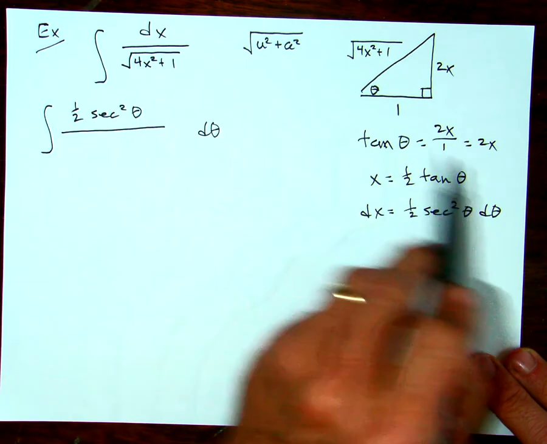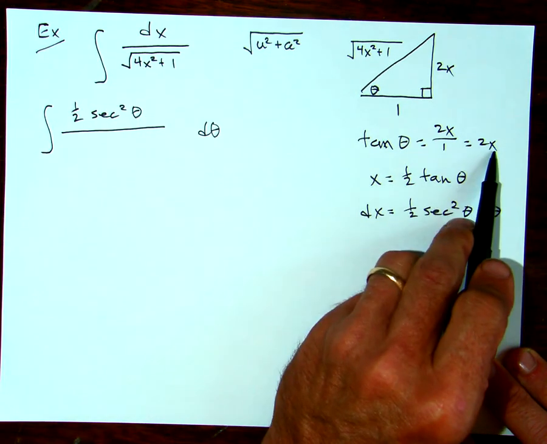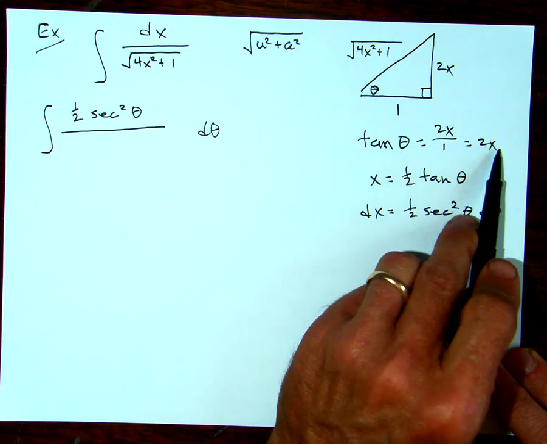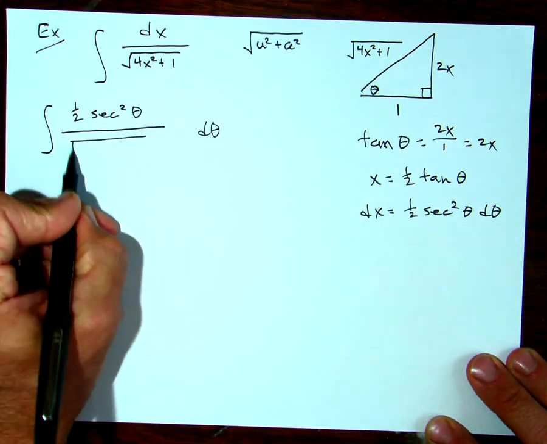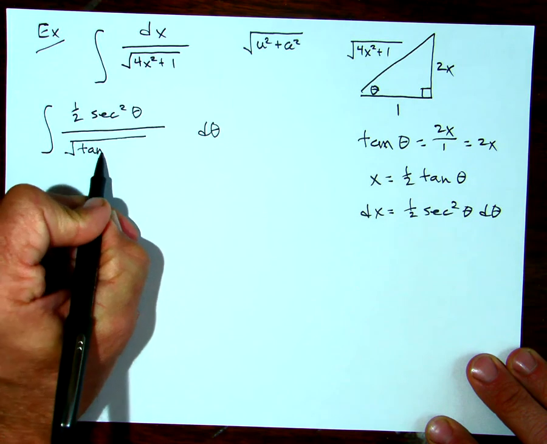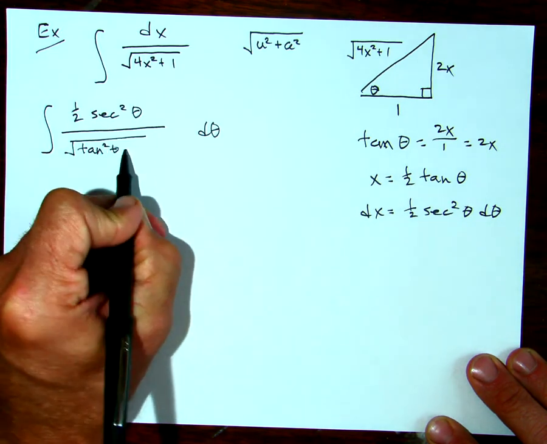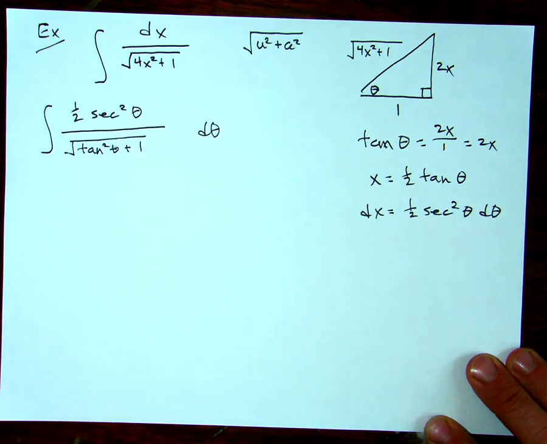Well, if I take 2x and I square it, I get 4x squared, so 4x squared is the same as tangent squared. So I've got the square root of tangent squared theta plus 1. Okay, so now we have a trig integral.